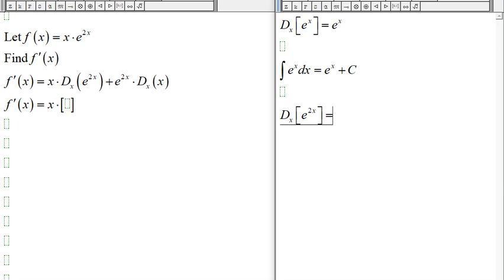The derivative of e to the x is just e to the x, and so the derivative of e to the 2x will be e to the 2x, times the derivative of the 2x. And so we get e to the 2x times 2, so we get 2e to the 2x.